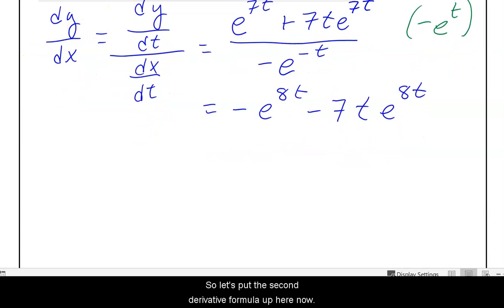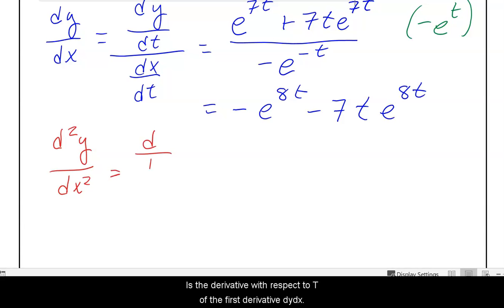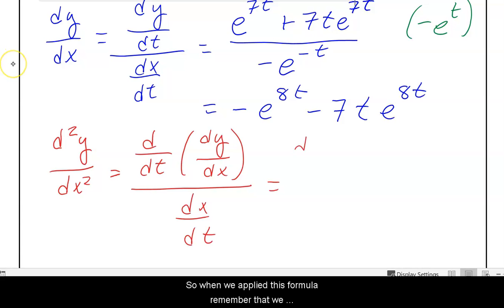Now, once we have this, then we can do the second derivative. So let's put the second derivative formula up here now. We'll use a different color for that one. So the second derivative of y with respect to x both times is the derivative with respect to t of the first derivative, dy/dx, divided by dx/dt again. So when we apply this formula, remember that we need to take the derivative of the one that we had as the result for dy/dx.